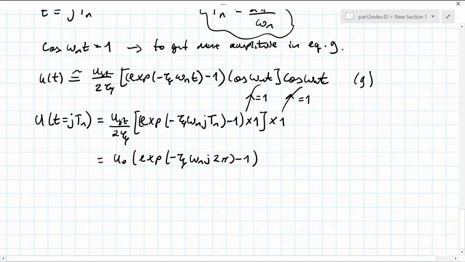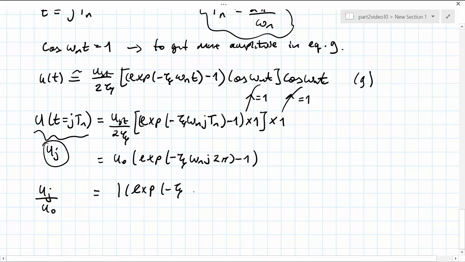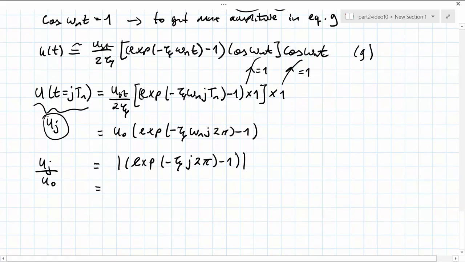If we then divide uj by u0, because remember, when t is equal to j tn, this is actually defined as uj, we then have, in absolute terms, the exponential function minus zeta times j 2 pi minus 1, which is then equal to 1 minus the exponential function minus 2 pi zeta j.